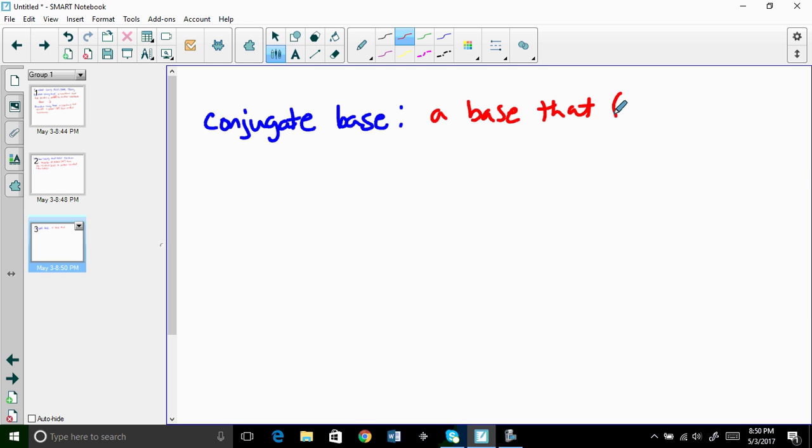Now, this is really important. The conjugate base is being formed. That means it's not on the reactant side, it's on the product side. It's being formed when the acid loses a proton. And I'm going to keep just saying this: a proton is H plus.